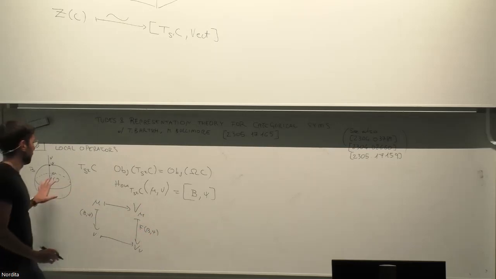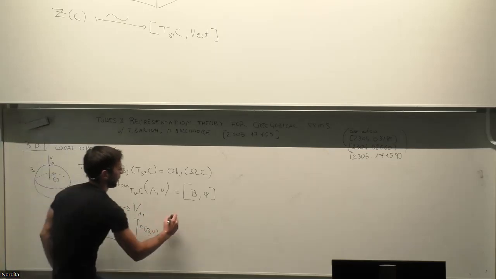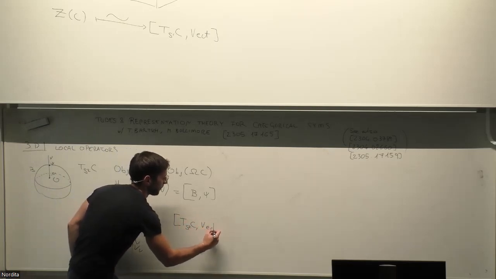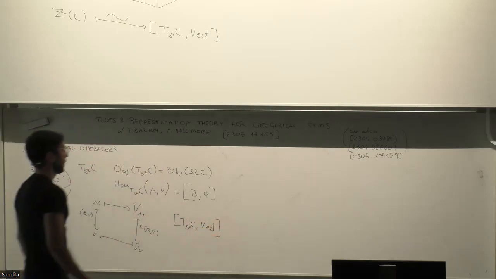And this means that the representation theory that describes representations of local operators with respect to some categorical symmetry is again described by functors, which go from the category I just told you about into Vect.